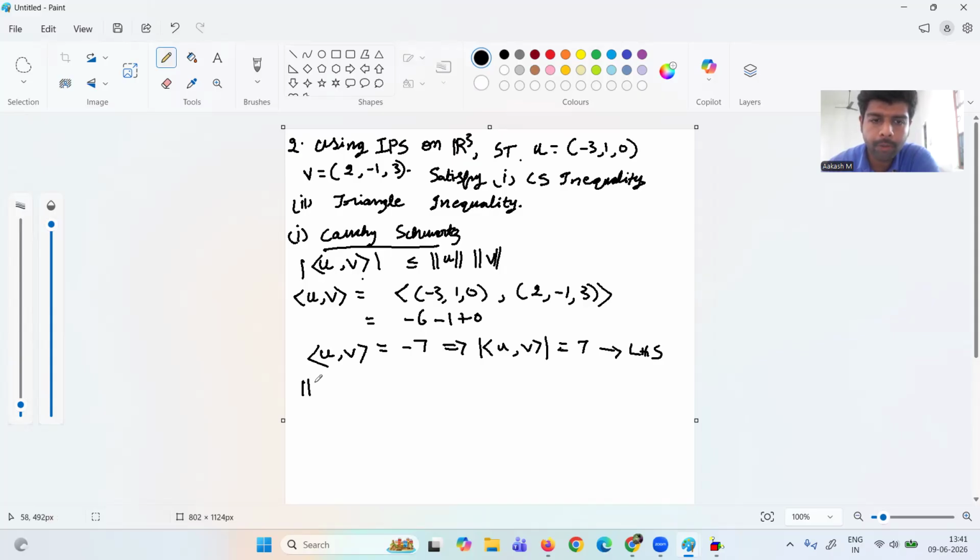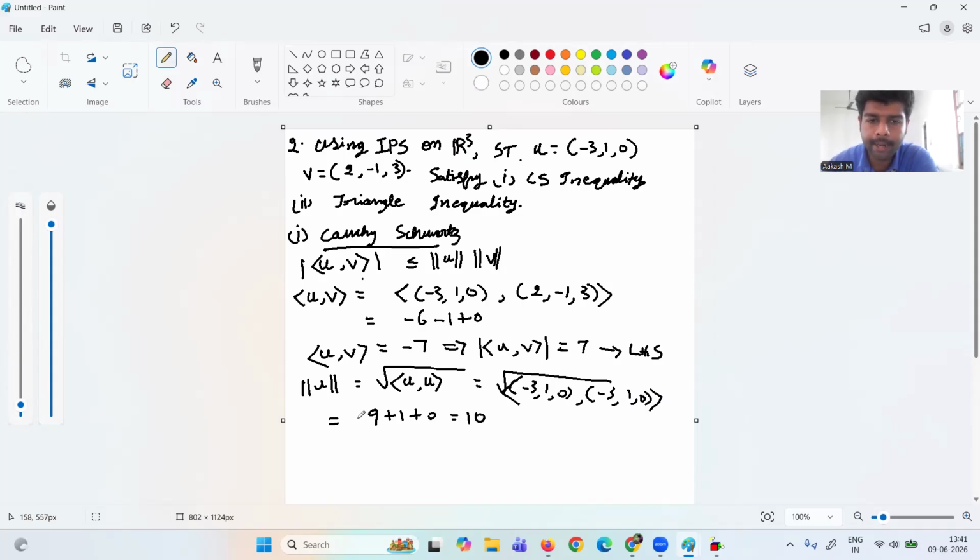Now you prove the right hand side. Find the norm of u. You know the norm formula from note number 1: the root of the inner product of u comma u. What is u? (-3, 1, 0), comma, (-3, 1, 0). Now you multiply. 3 into 3 is 9, 1 into 1 is 1, 0 into 0 is 0. So your answer is 10. I forgot the root. Your answer is root 10.